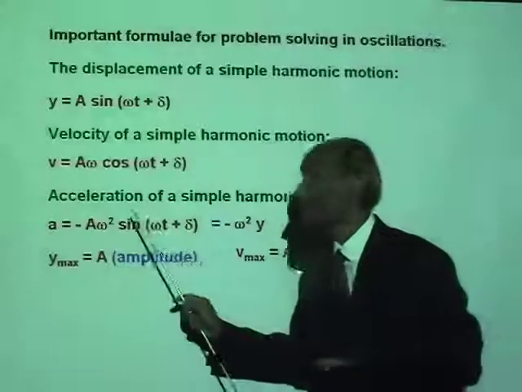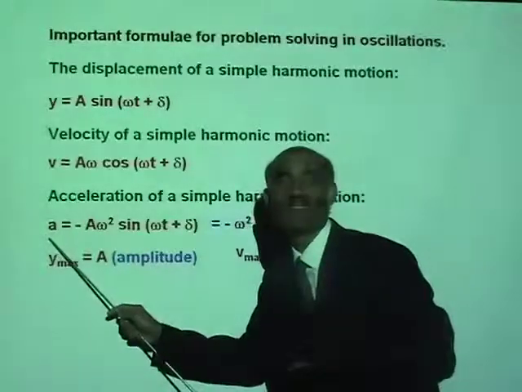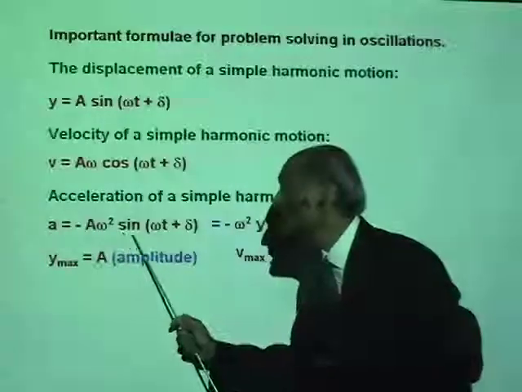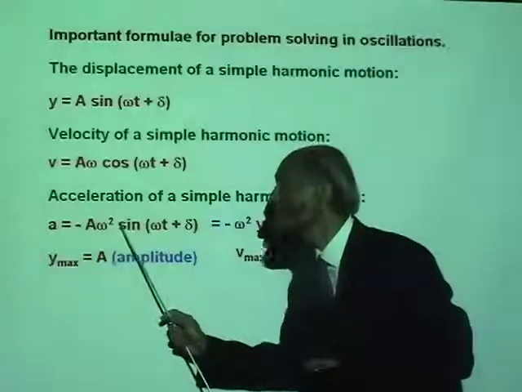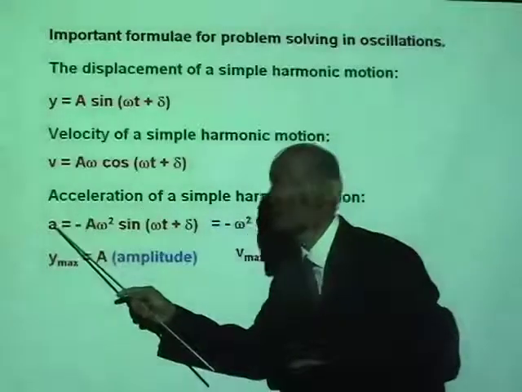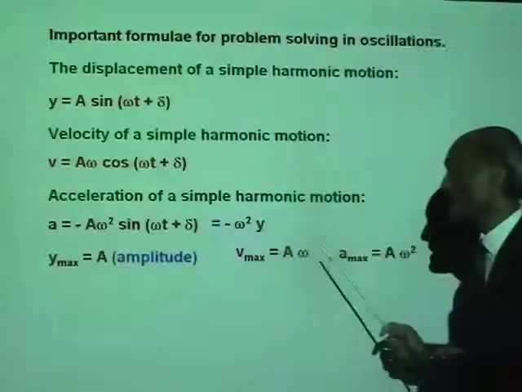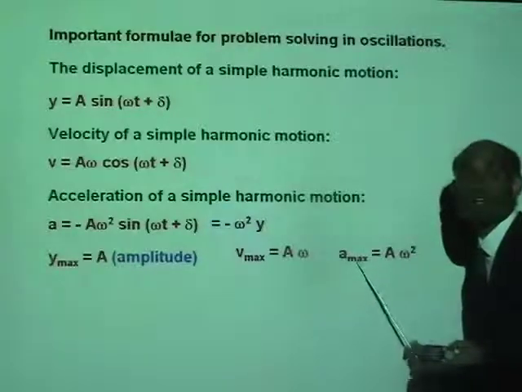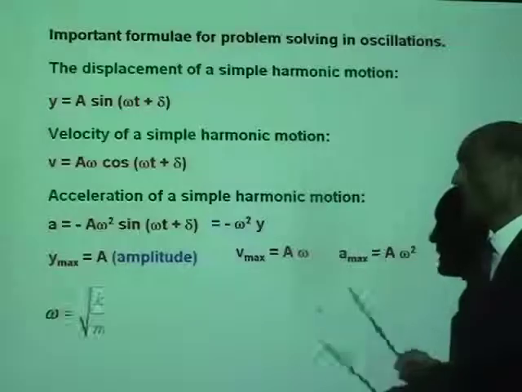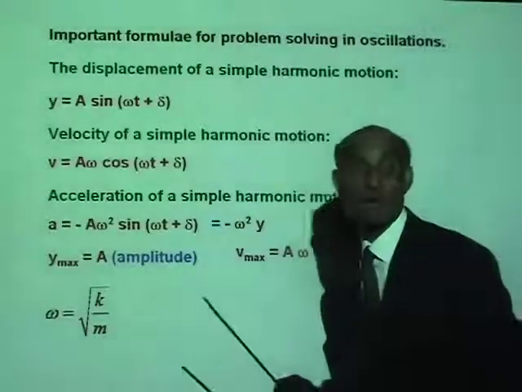In that case, what is the maximum value of the acceleration? The maximum value of the acceleration occurs when sine(omega t plus delta) becomes 1. And because we are looking for the maximum value, we will remove the negative and say maximum acceleration is A omega squared.